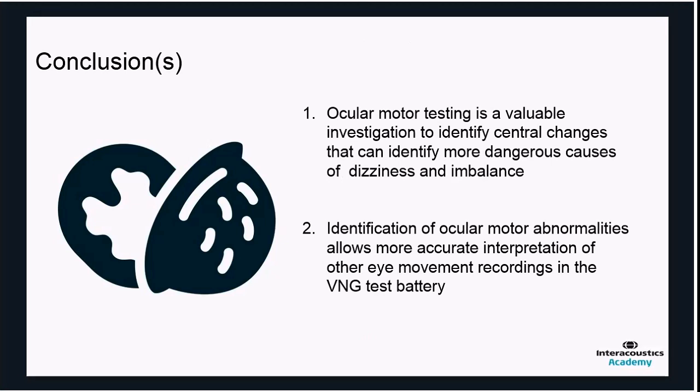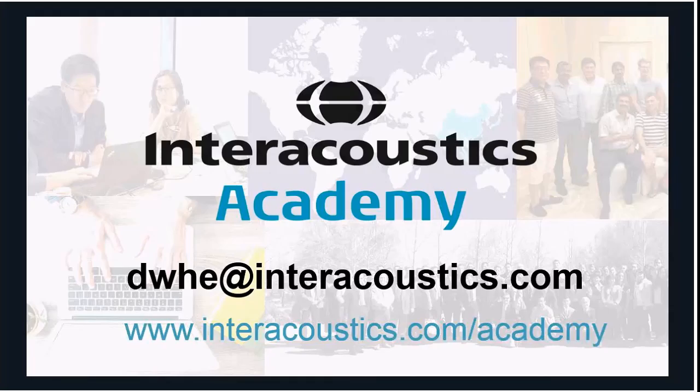This is very important when we're trying to localize site of lesion, and also in terms of then initiating management and treatment options for these patients. In summary, the oculomotor examination has good clinical utility, and the validity of its use within the test battery is very much consistent as a diagnostic tool to separate central causes of vestibular or dizziness being present from those that are peripheral in our test examinations.